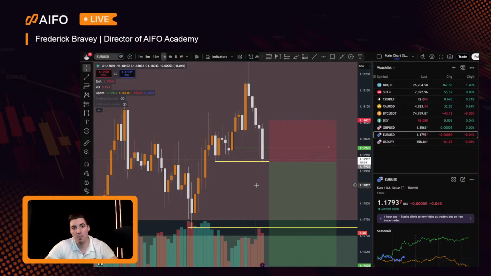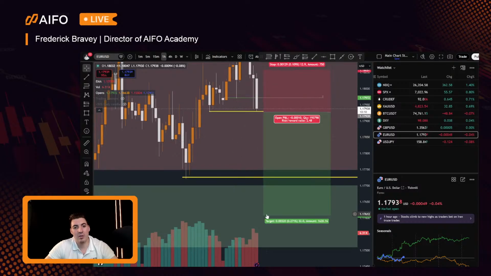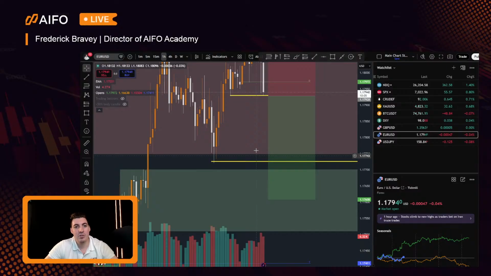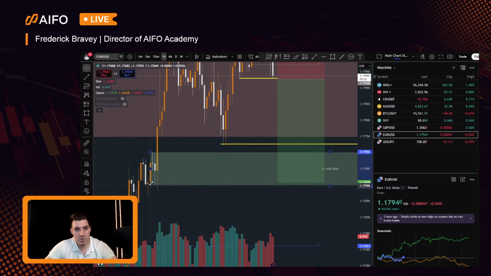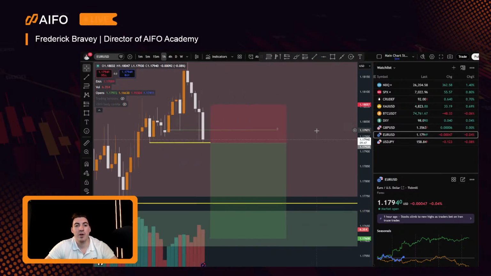We want to see a nice full body break into the downside, and very similar to GU, we might exit that position early. I don't think it's going to come all the way down here. And what I should do is make this an even smaller zone just to refine that entry.